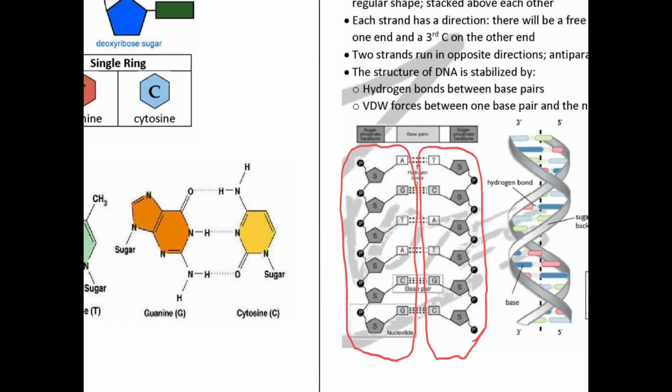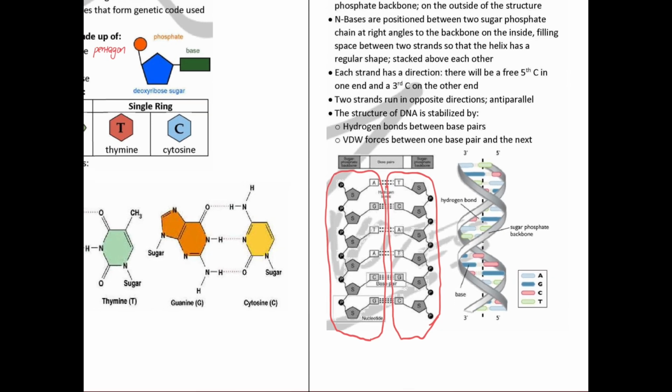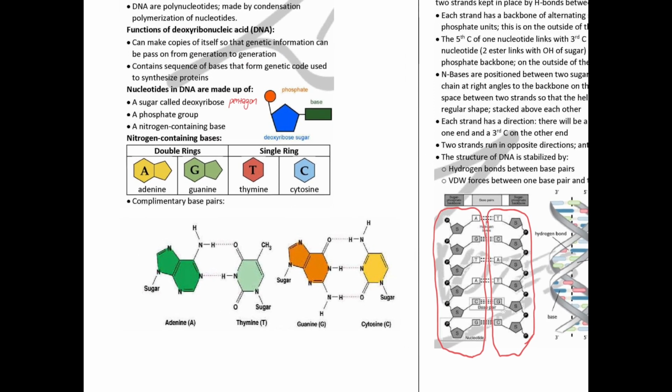Okay, now let's come back to this side. This is what we discussed just now. A and T is the first pair, and of course it can be the other way around, T with A also can.